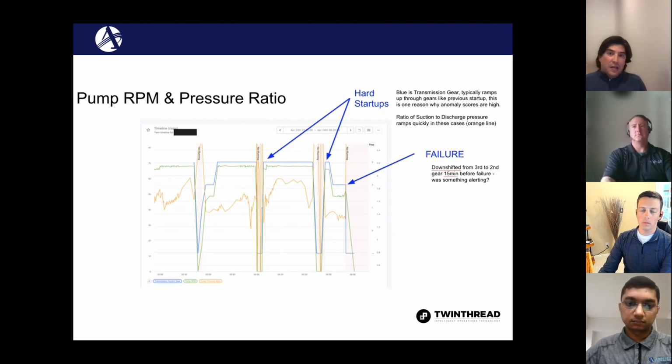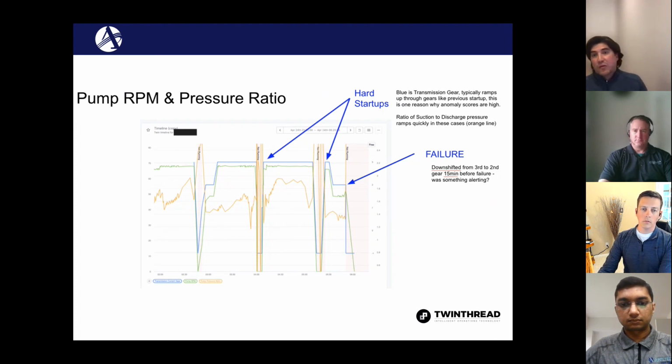In this case, you're seeing time series data, and then overlaid on top of it, event data that identifies when the asset is running or not running. So we can see all of the conditions that occurred before a specific event. And we noticed that there were hard startups that occurred in two previous events that help inform what happened before a particular failure.